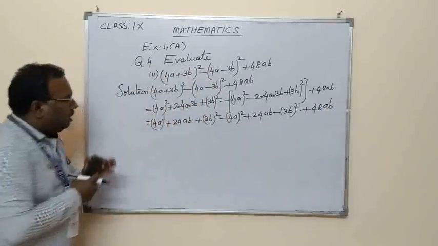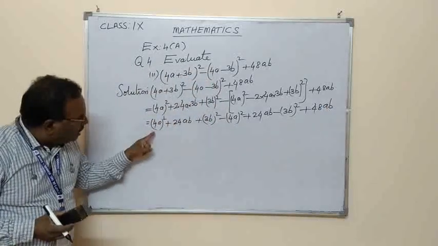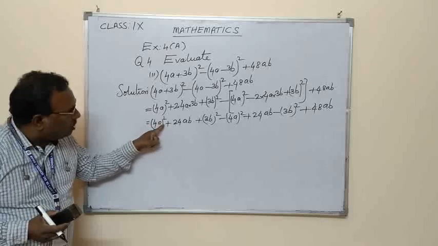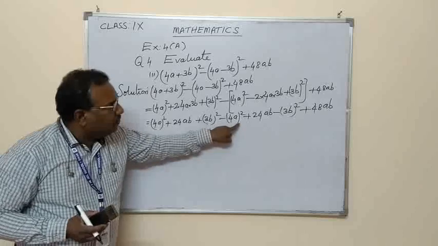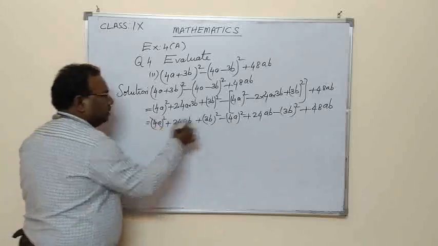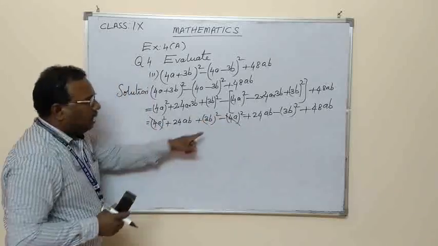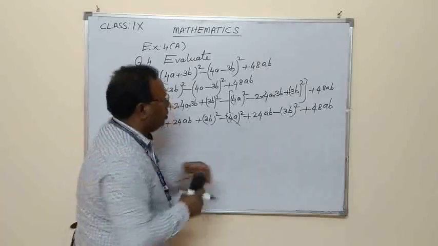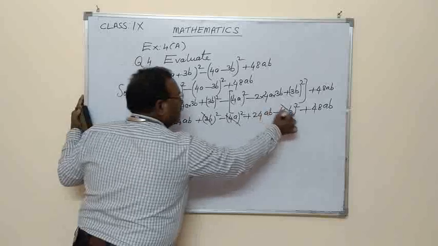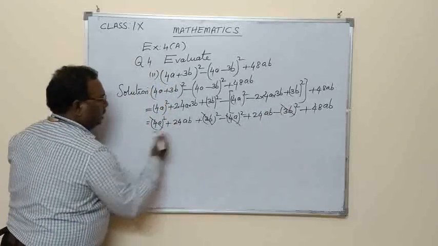Then you can carefully notice this, (4a) whole square minus (4a) whole square. Cancel this. Then again plus (3b) whole square minus (3b) whole square. After cancellation we get this result.